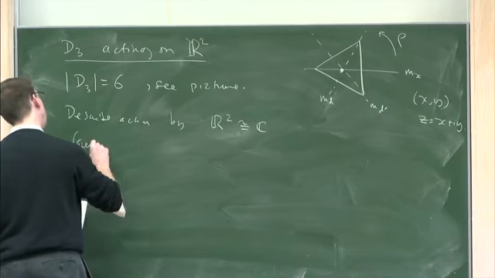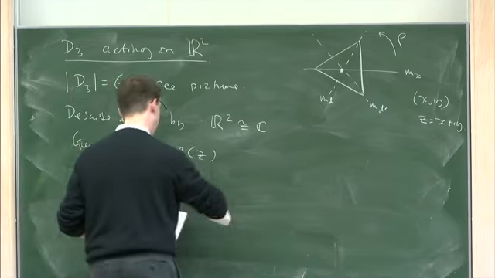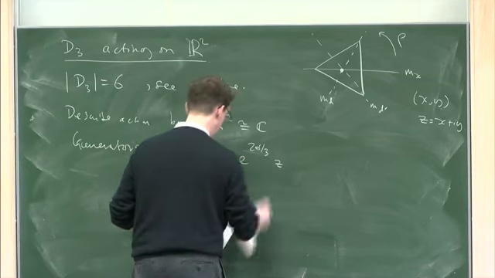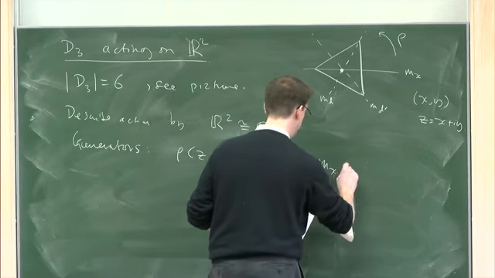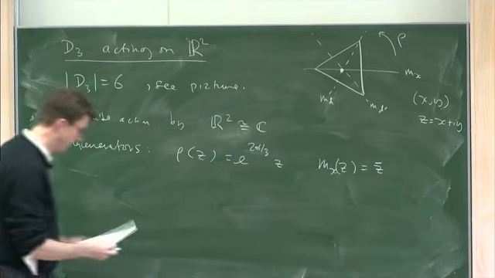So the action is specified by the action of the generators. So I have rho acting on z as a rotation is just multiplication by that complex number, and then the mirror symmetry takes a point z to z bar.